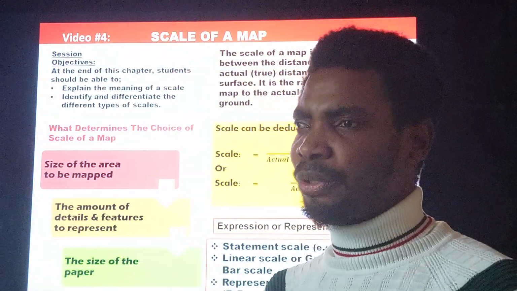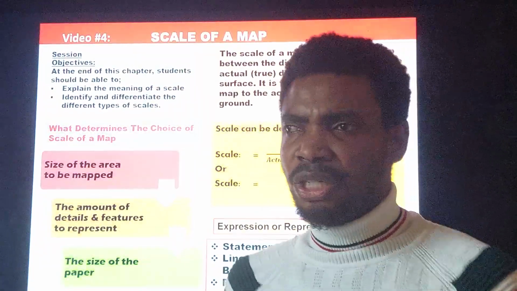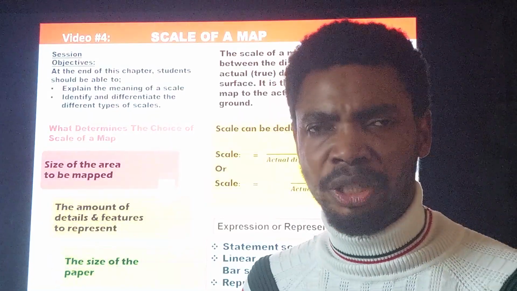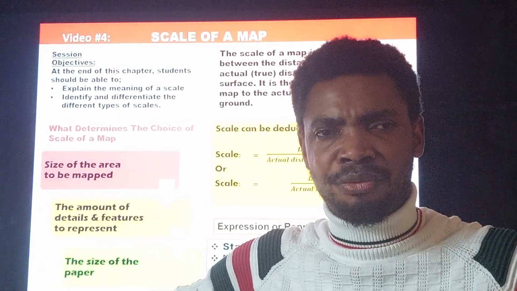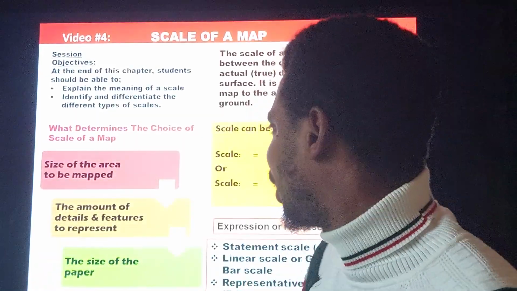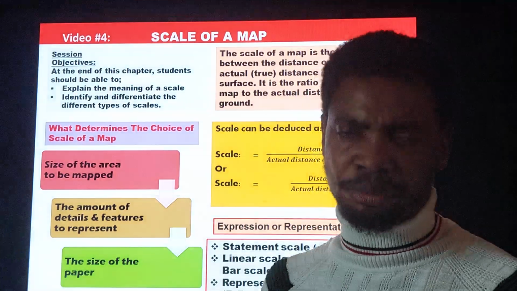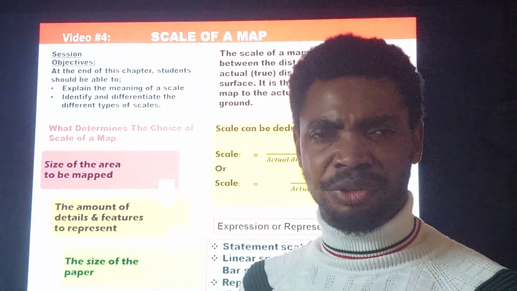If you want to map only your room, you know the kind of scale to use. If you are mapping the whole continent of Africa, Europe, or Asia, it's a very big area of land, so that also determines the kind of scale to use. Then number two, the amount of details and features to represent. Are you capturing everything on the Earth surface?